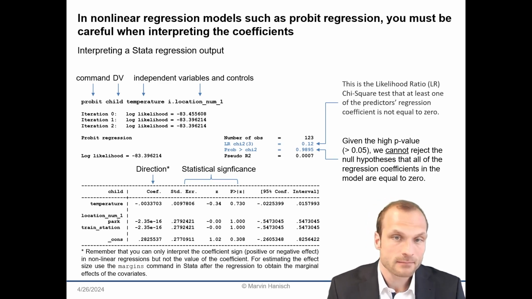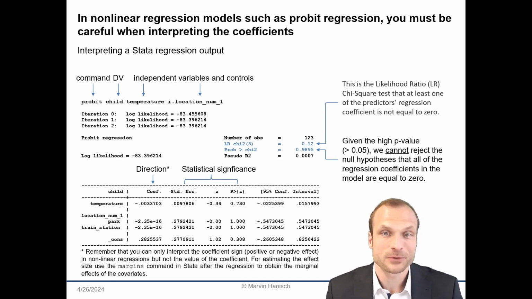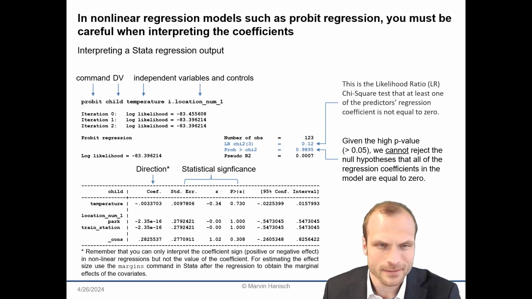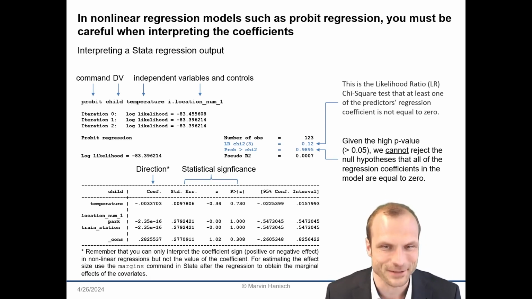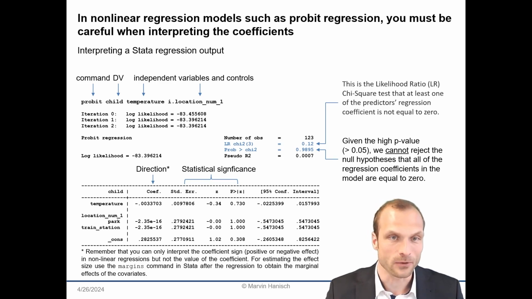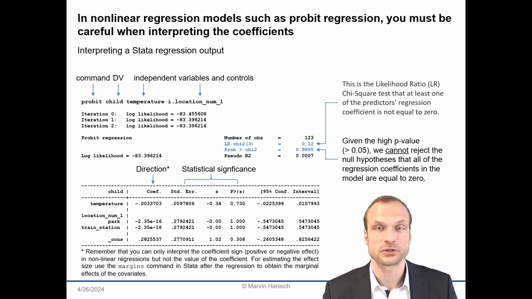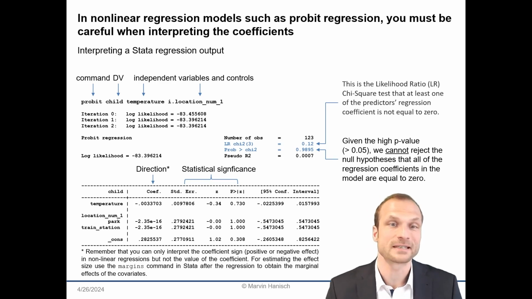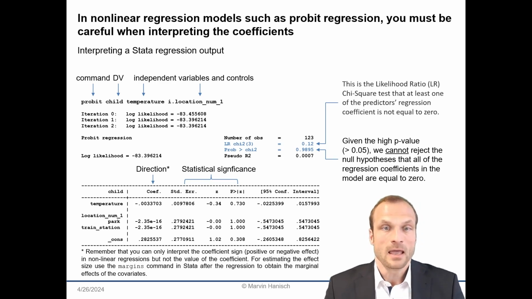So the only thing that we're left with at this point is to say that temperature is negatively related to being a child. But wait a minute, we also have to look at the statistical significance, of course. Here we have our standard error and our z-value and p-value, which indicate whether this relationship that the coefficient shows is statistically significant. Here we have a very high p-value again.